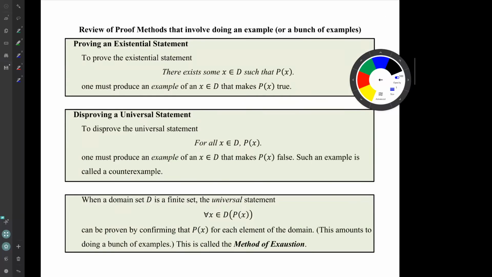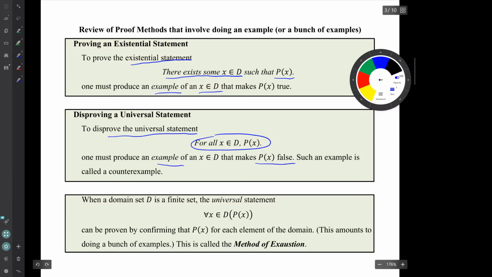And here's a reminder that to prove an existential statement, a statement that says there exists some x in the domain such that p of x, you have to produce an example of an x in the domain that makes the predicate true. And to disprove a universal statement of this form for all x in D, p of x, you have to produce an example that makes p of x false.